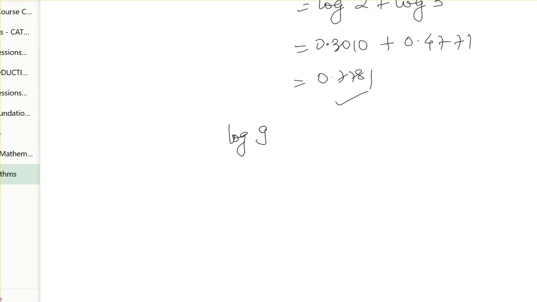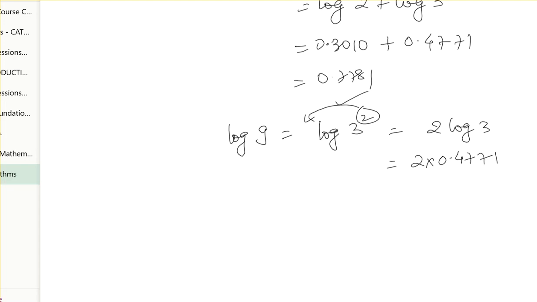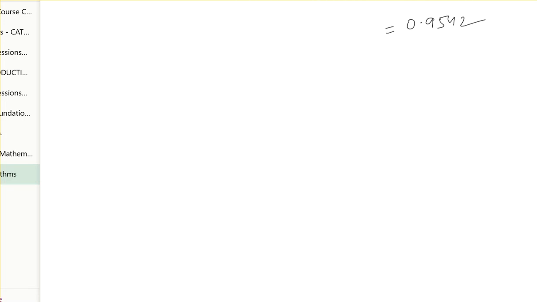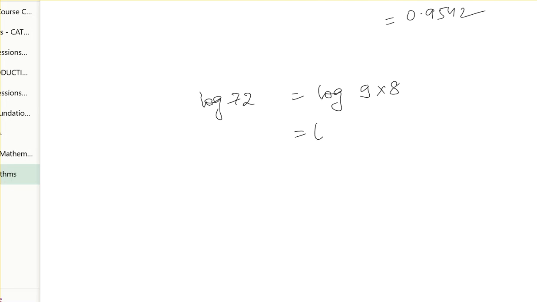Log 9 is equal to log 3 square. 2 comes here. 2 log 3, that is 2 into 0.4771, that becomes 0.9542. Log 72 is log 9 into 8. It is 3 square into 2 cube.